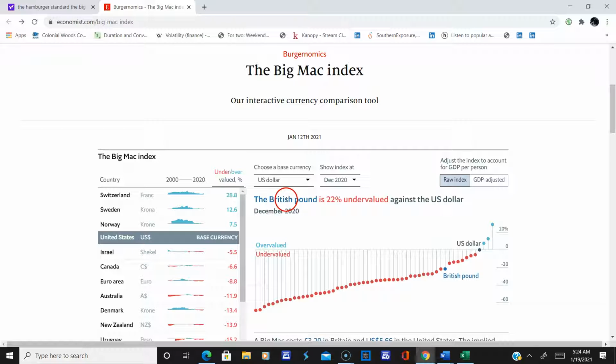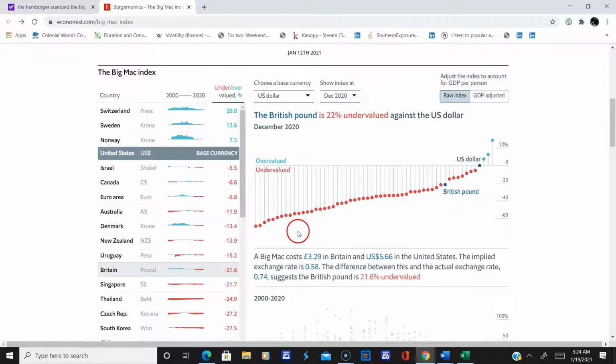And here's an example. They compare the prices of McDonald's Big Macs, which are sold all over the world. And here's the Big Mac Index. As an example, a Big Mac costs £3.29 in Britain, pound sterling, right?